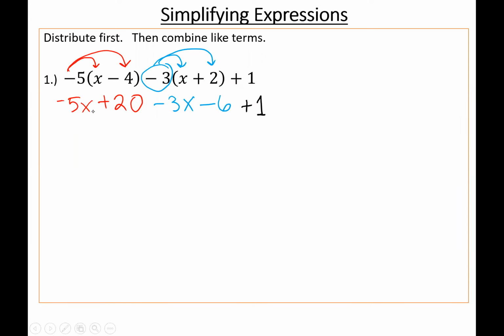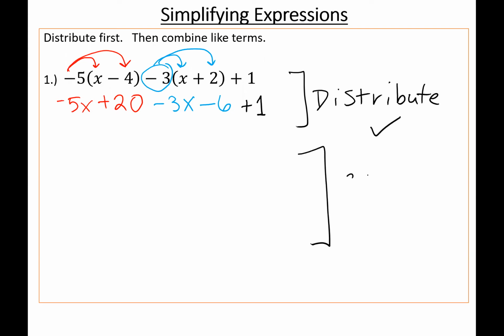So here's what we have written so far. -5x plus 20 minus 3x minus 6 plus 1. So we did the distributing part. And now we're about to do the combine like terms part of the problem. So we distributed. And now combine like terms.